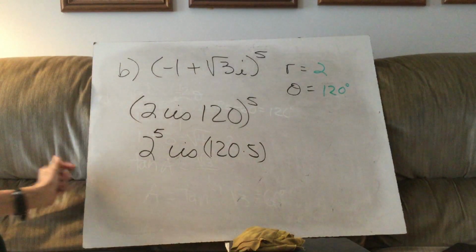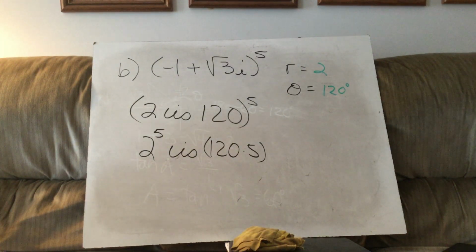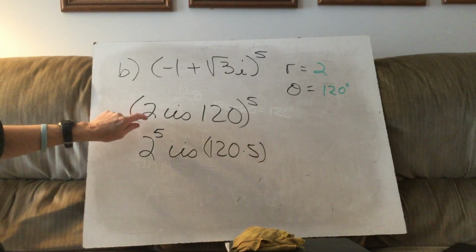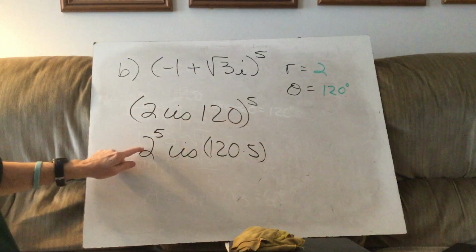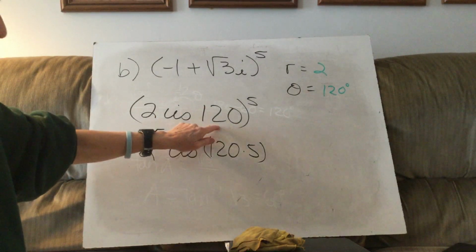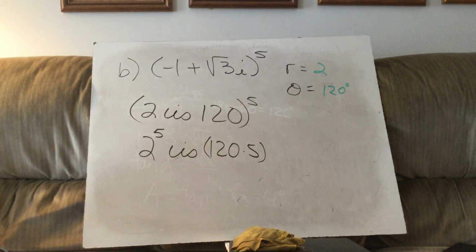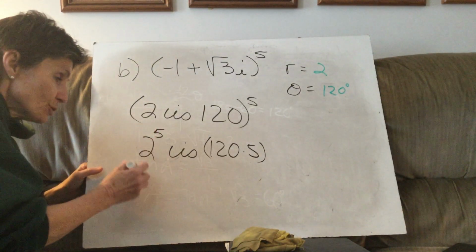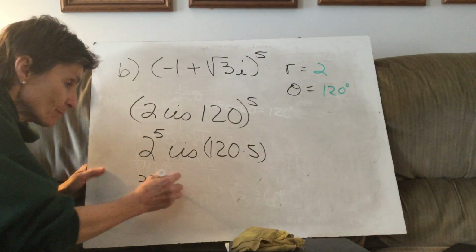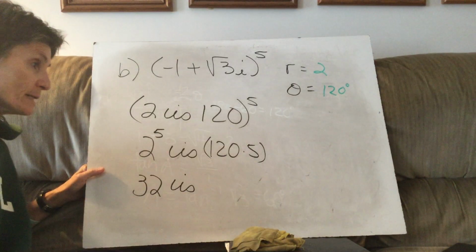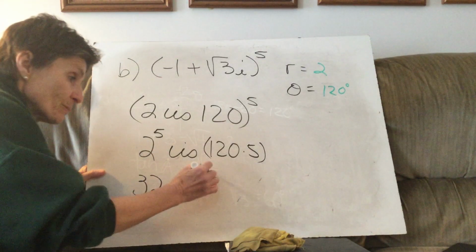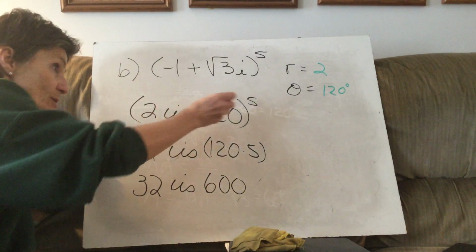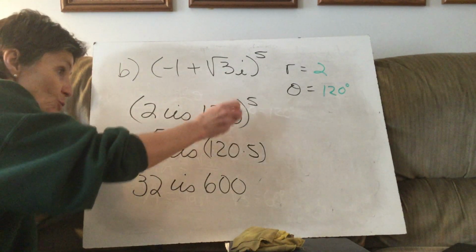De Moivre's theorem, very simple theorem, very powerful, but very simple to use, says take the radius to the power, take the angle times the power. So 2 to the 5th is 32, and 120 times 5 is 600. Go ahead and take 2 to the 5th, and then 120 times 5 on your calculator.